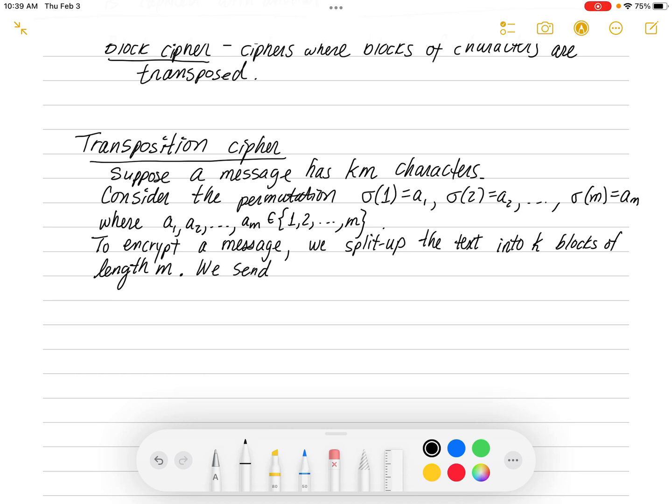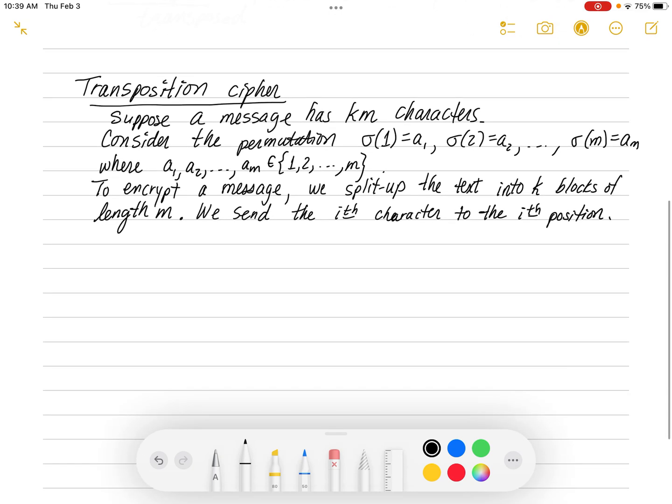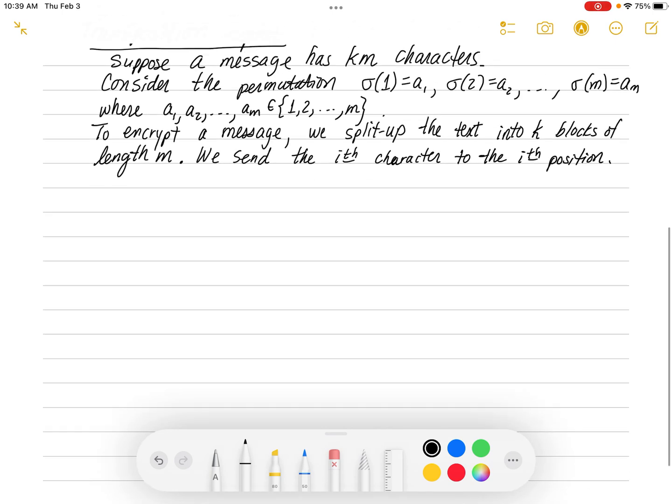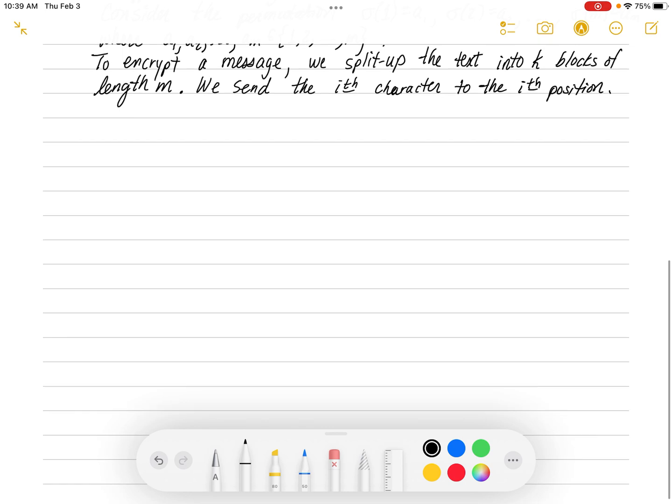We send the ith character in the message to the ith position. So we're going to move characters around to different positions based on our permutation. So let's do some examples to see how this works. This is actually quite simple. Here's an exercise.